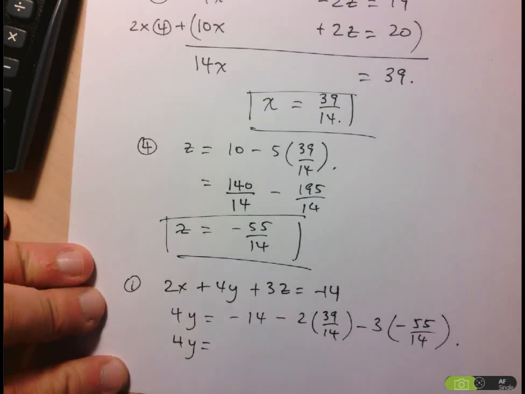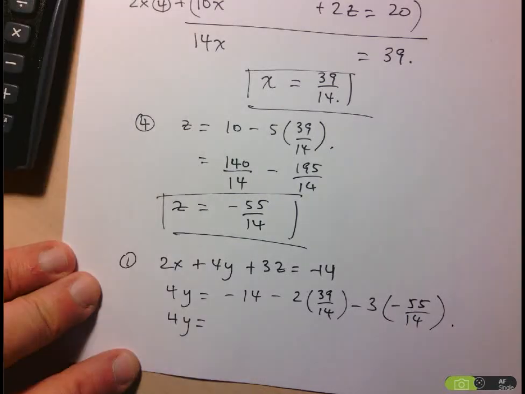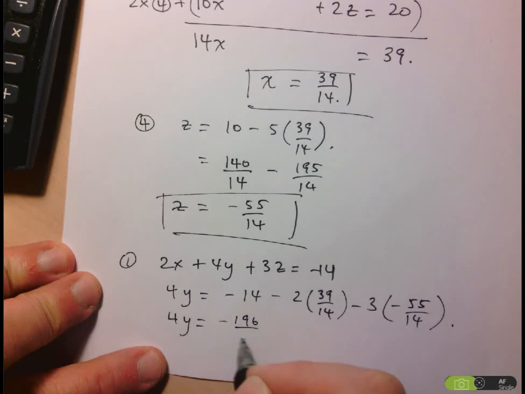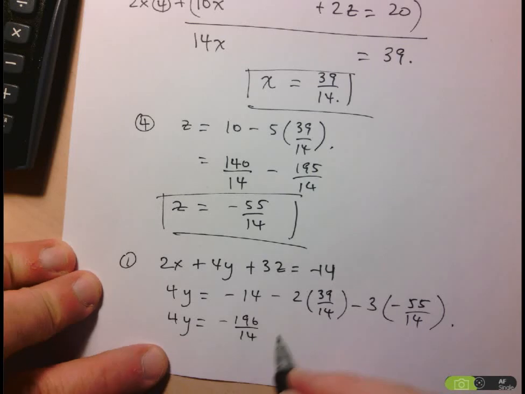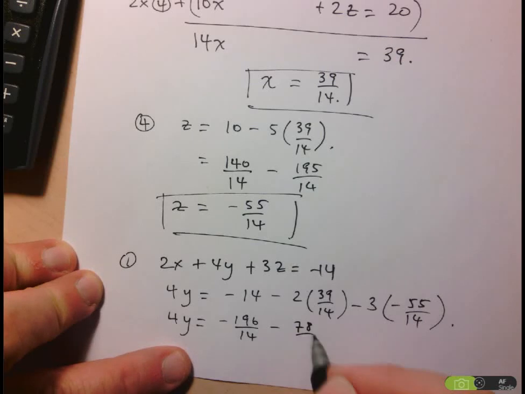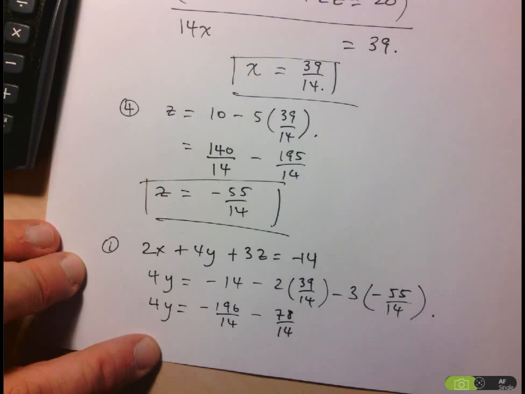This is a good review of operating with fractions. 14 times 14 is 196, so negative 196 over 14, minus 39 times 2, that would be 78 over 14. Notice I don't bother simplifying here since I want everything over 14 anyway.